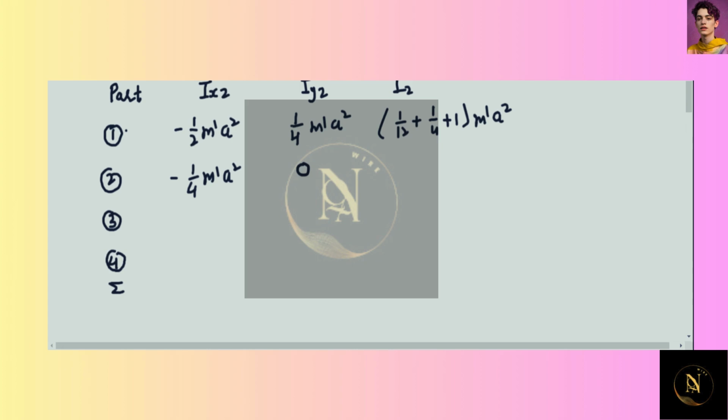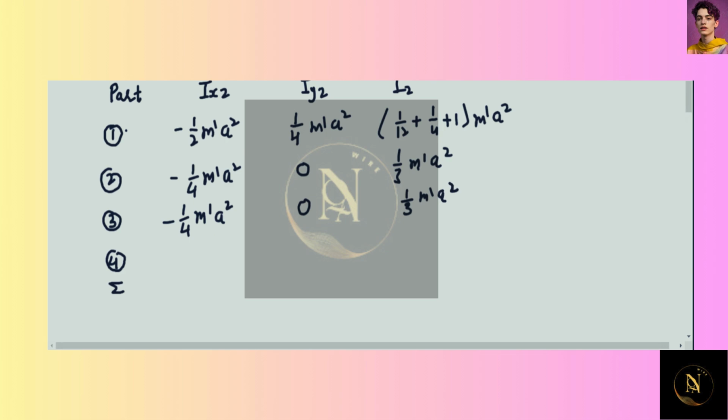0, 1 by 3 m dash a square. Of the third part of the assembly, minus 1 by 4 m dash a square, 0, 1 by 3 m dash a square.